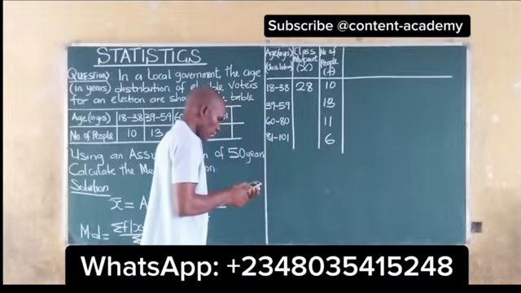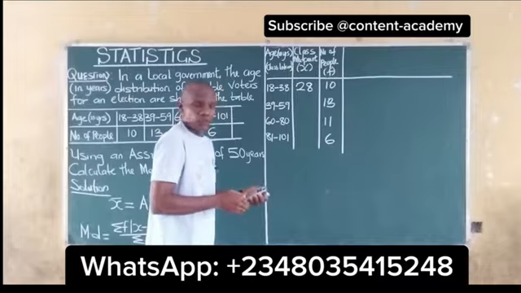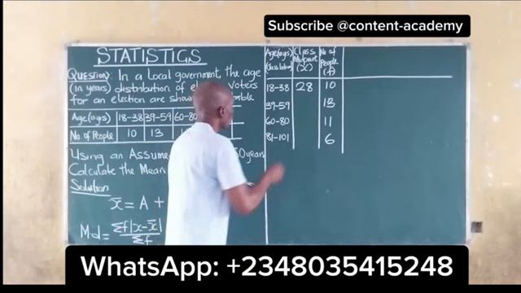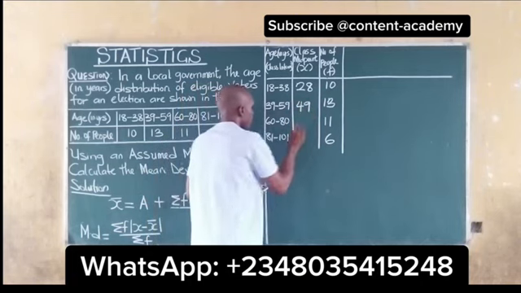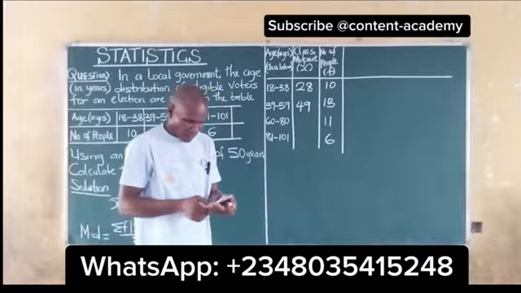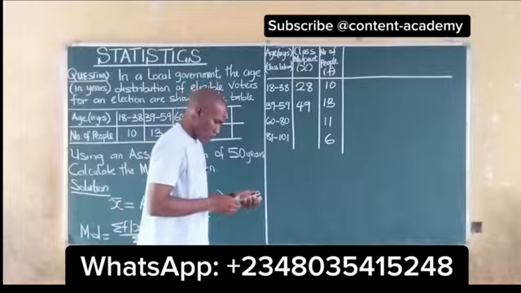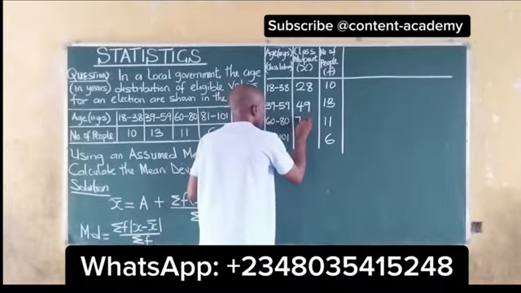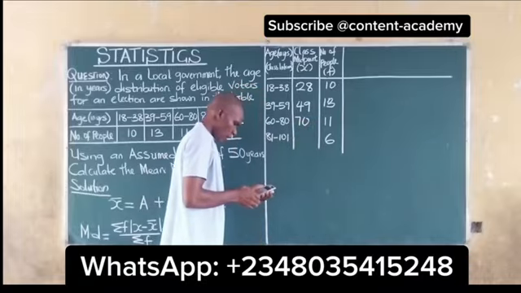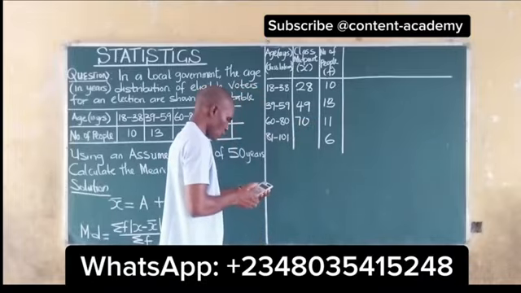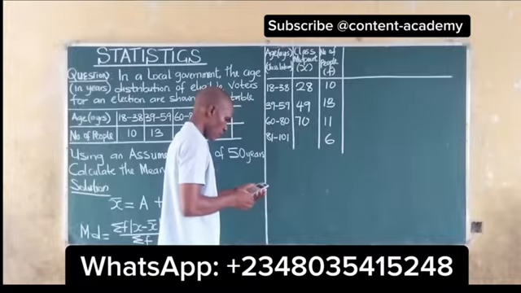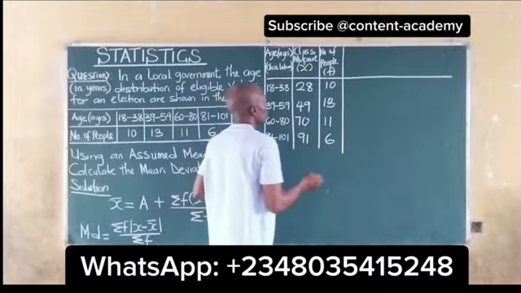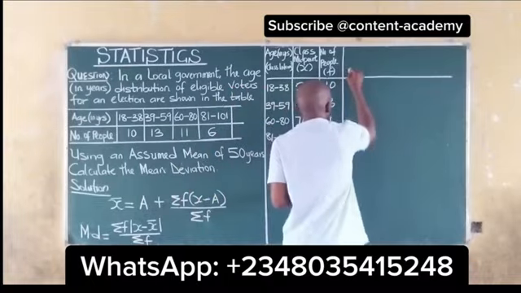Now, 39 plus 59 divided by 2, we have 49. The next one is 60 plus 80 divided by 2, which is 70. And we have 81 plus 101 divided by 2. We have 91.